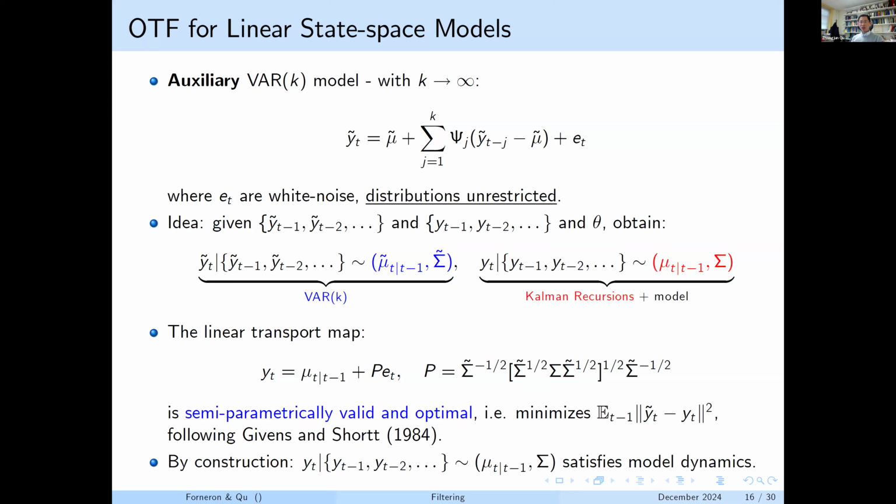The first component is mu_t given t minus 1 that comes directly from the model. That's the prediction generated by the model. The P component is crucial for this transport. It depends on the variances from the auxiliary model and the variances from the structural model. And we also have a closed expression for that.